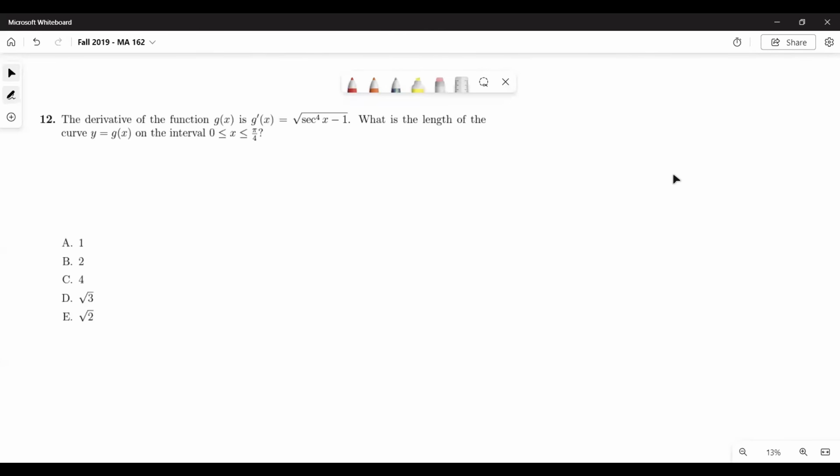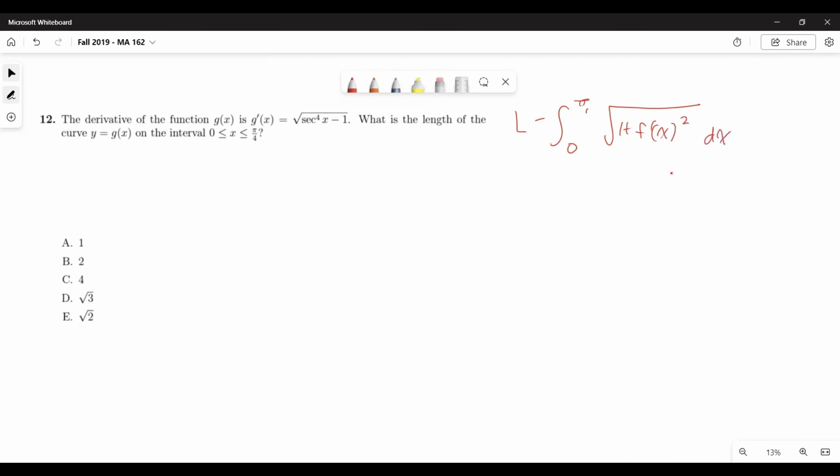So this question asks, what is the length of the curve y equals c of x on the interval from 0 to pi over 4? So the arc length equation, if you remember it, is the integral from 0 to pi over 4 of the square root of 1 plus f prime x squared dx.